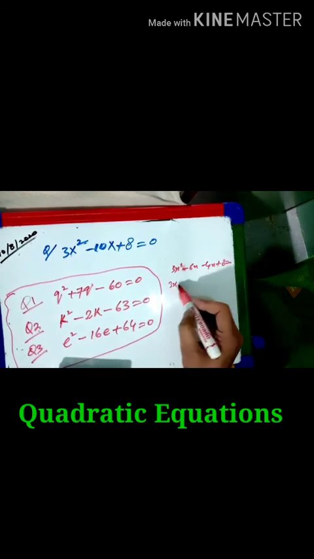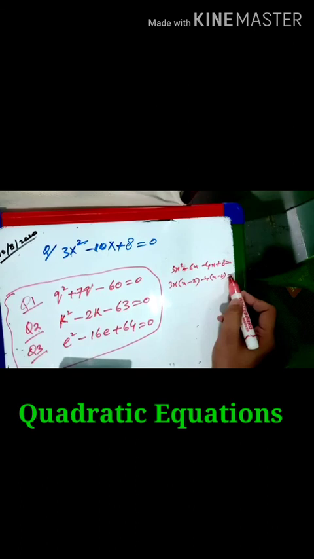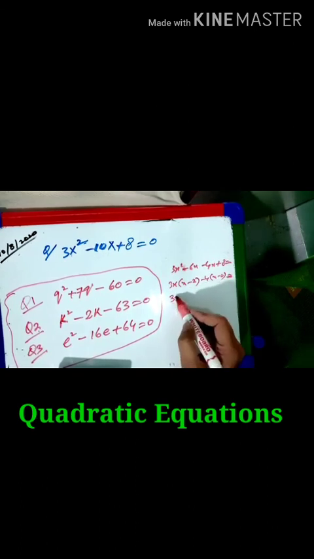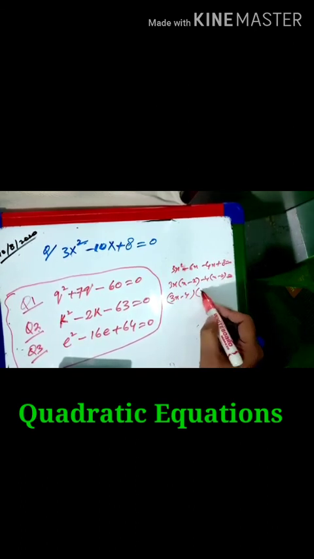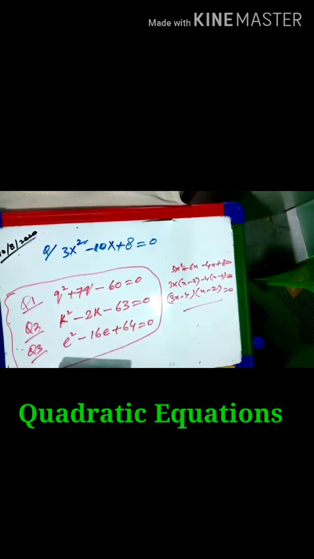So 3x is common, x minus 2; minus 4 is common, x minus 2 equal to 0. So 3x minus 4 is one bracket and x minus 2 is the second bracket. Like this we did it. Got it?